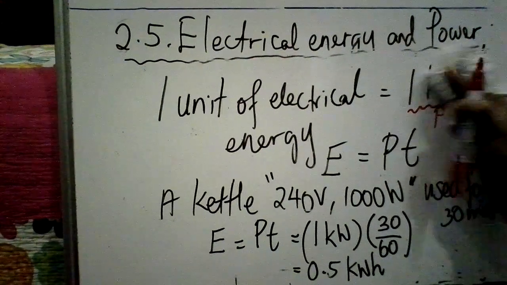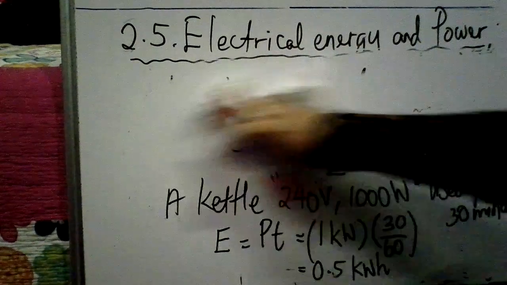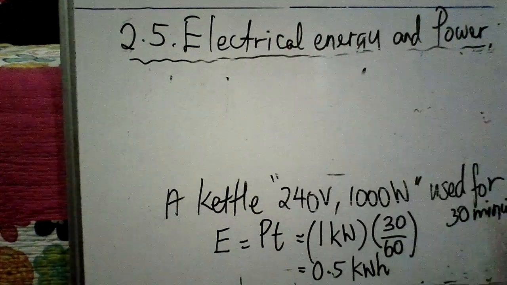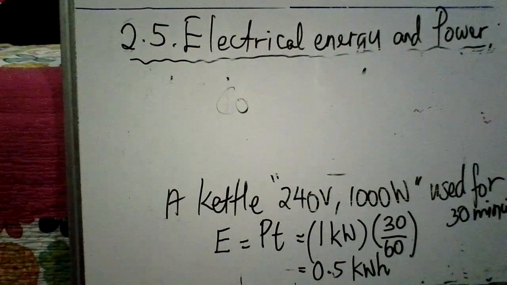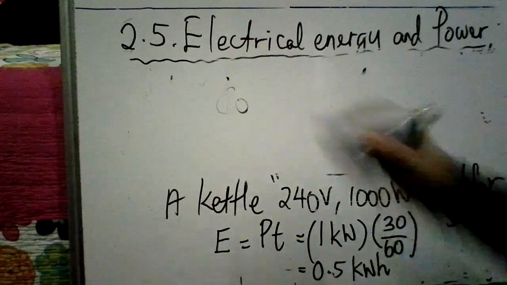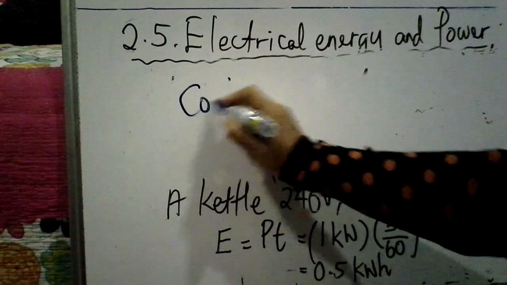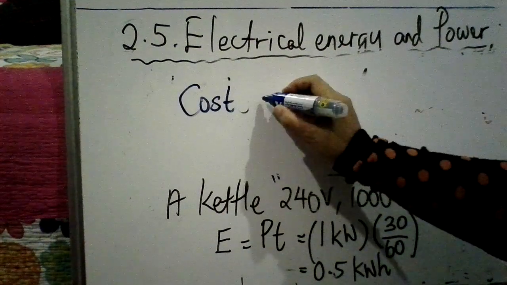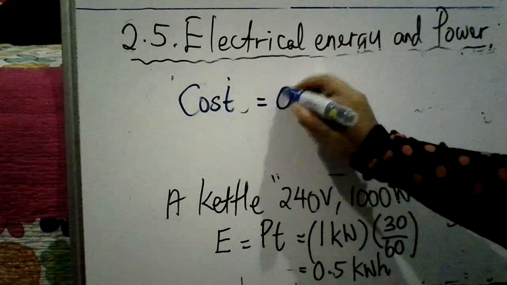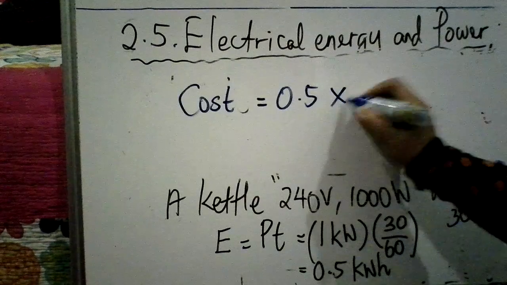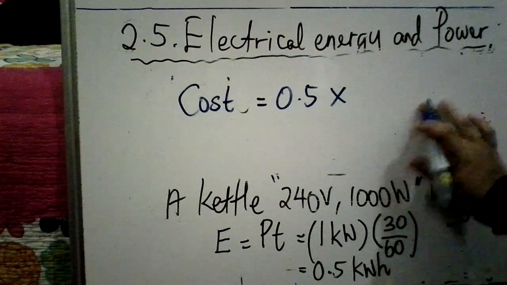So we get the cost of consumption for this kettle. The cost of consumption is equivalent to the number of units, 0.5, multiplied by the electrical tariff.